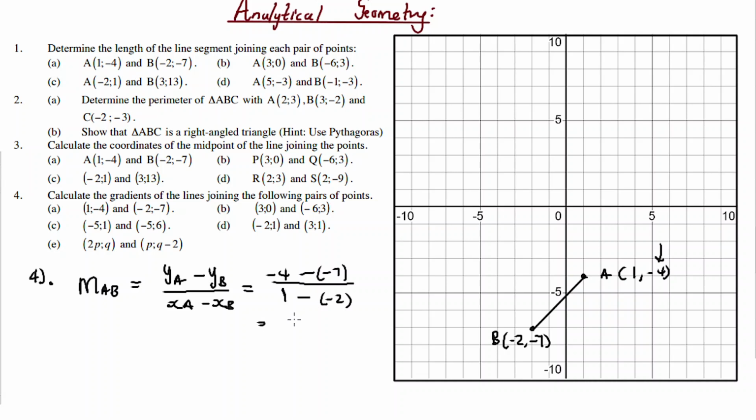So the numerator is going to be minus 4 plus 7 over 1 plus 2. Negative 4 plus 7, that's 3, over 1 plus 2, that's 3. Answer is 1.